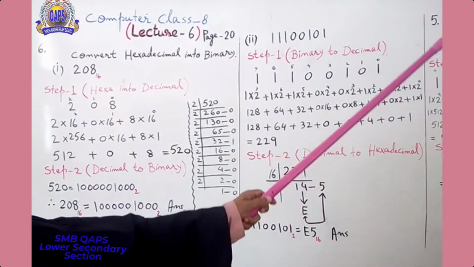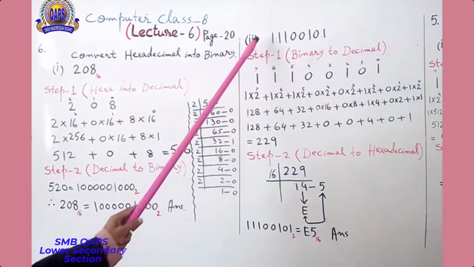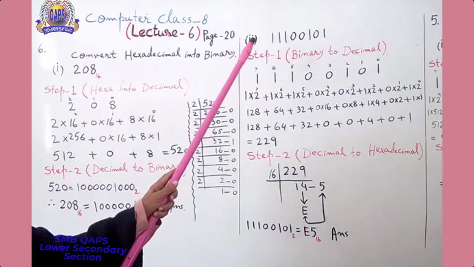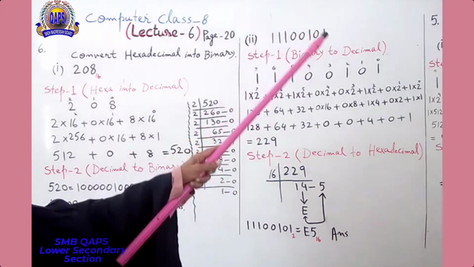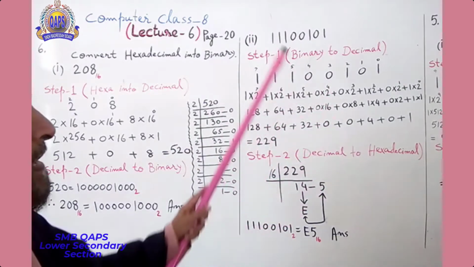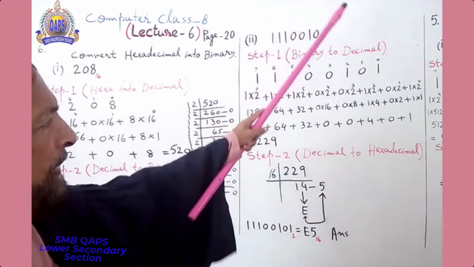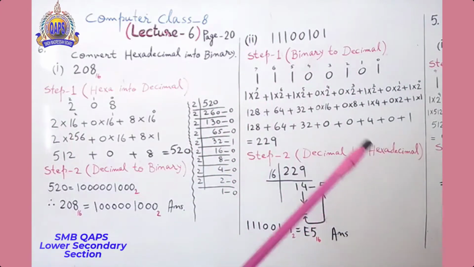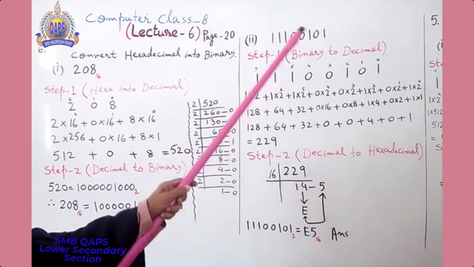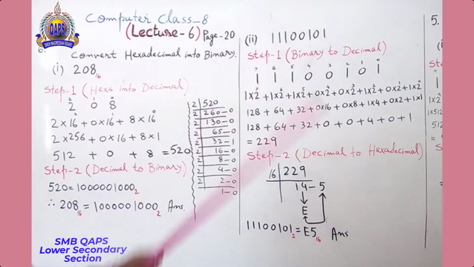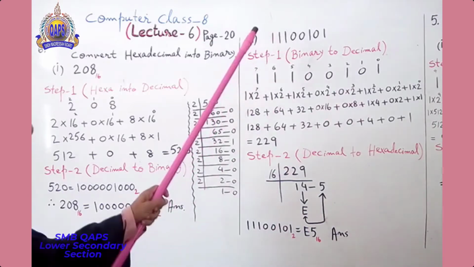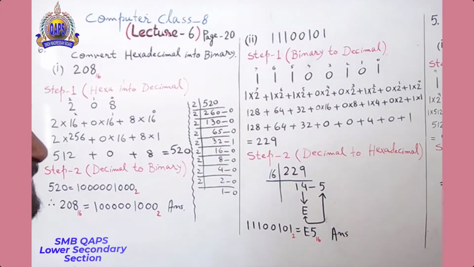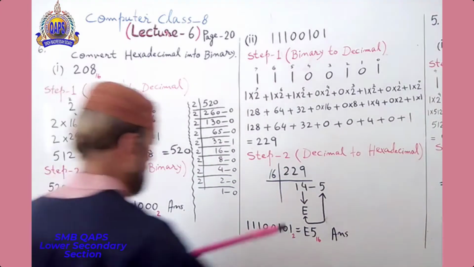So, in the light of that question, same method. I can say it's a little bit different, but the method is the same. What is the question? The binary number is over here and you will have to convert binary to hexa.